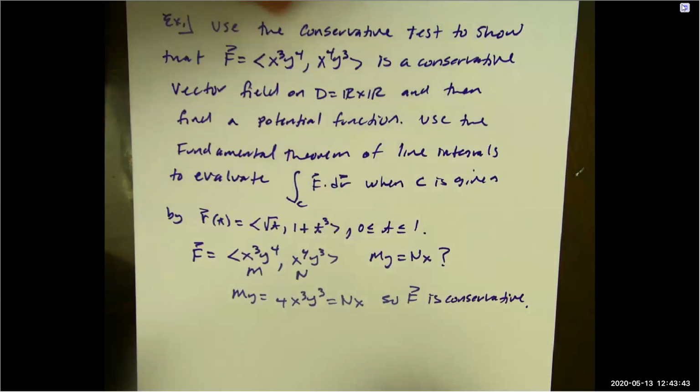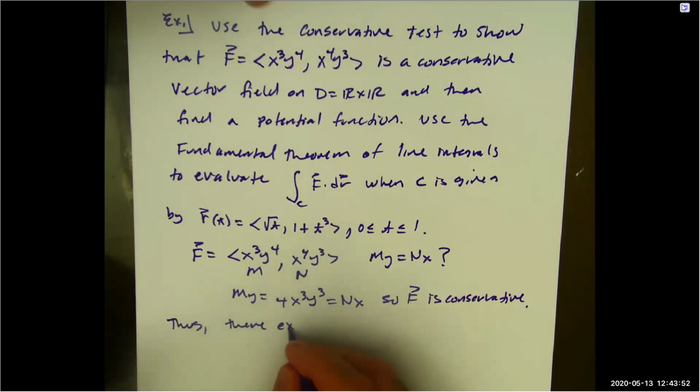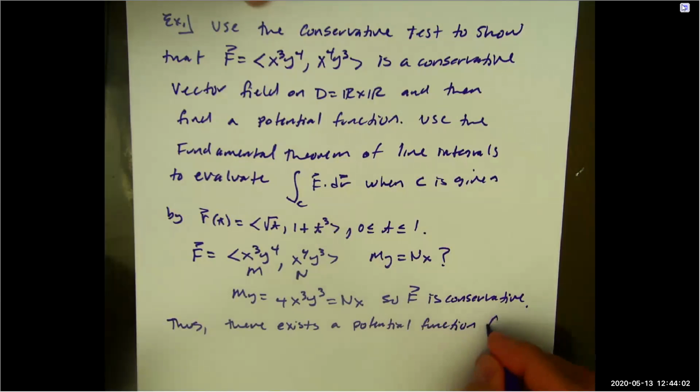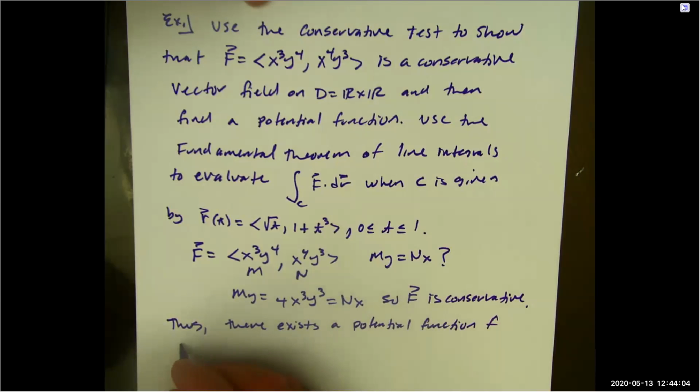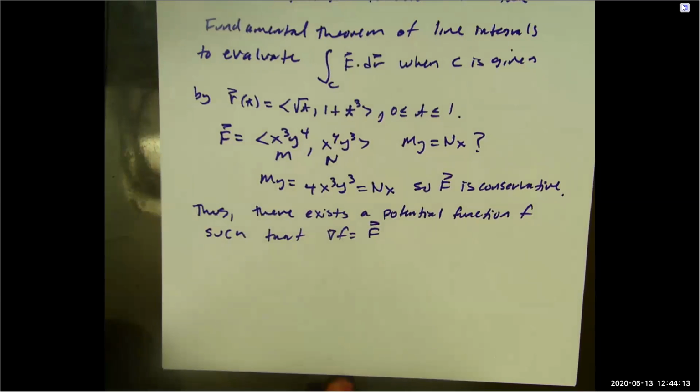So there exists a potential function f such that the gradient of f is equal to F. All right, so remember that the gradient is going to be fx comma fy.